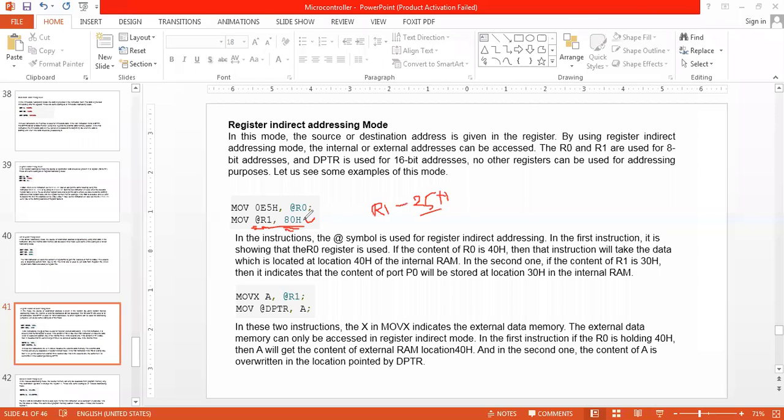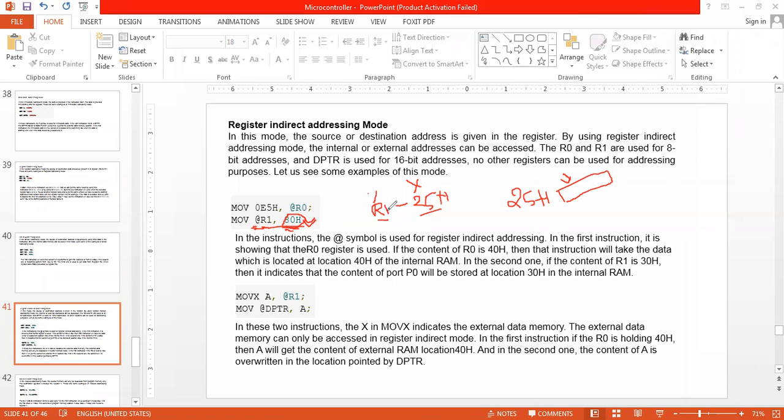Now after execution, the R1 value will not be changed, but whatever the data of A is there will be copied into the 25H address memory location, not the R1.